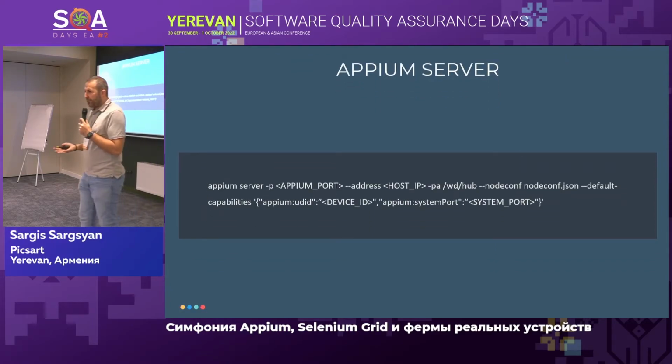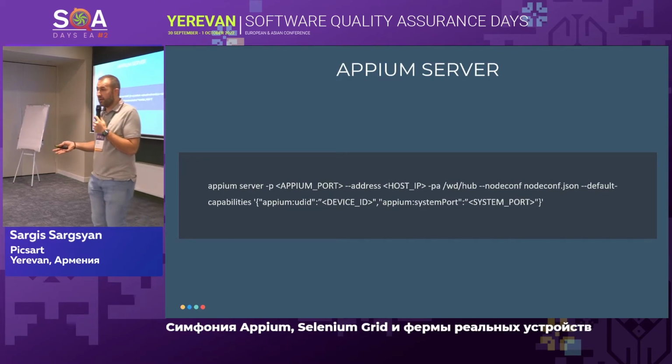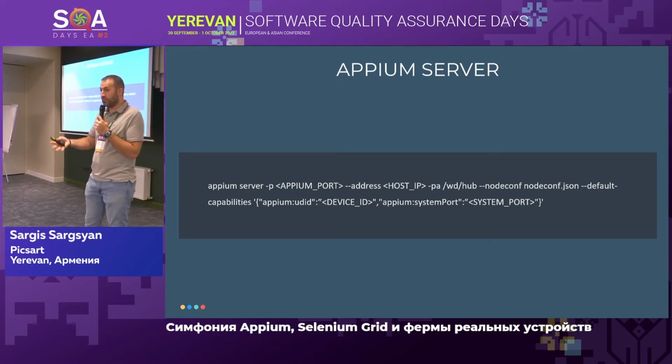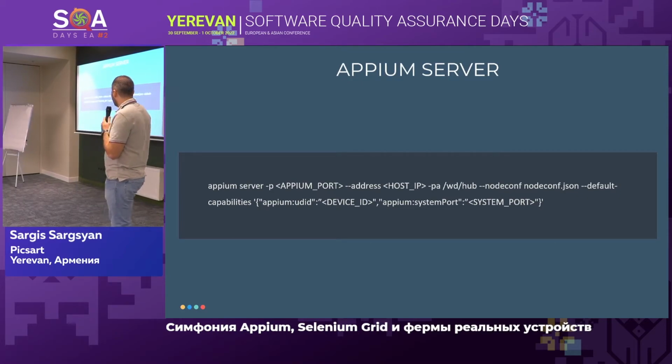Okay, so when we have Appium, we have this JSON file for the nodes. We can run the Appium server, which will be registering a new node in the Selenium grid. Basically, we are calling the Appium server, giving an Appium host, which in my case is localhost 4444, or the IP, and then again the same.